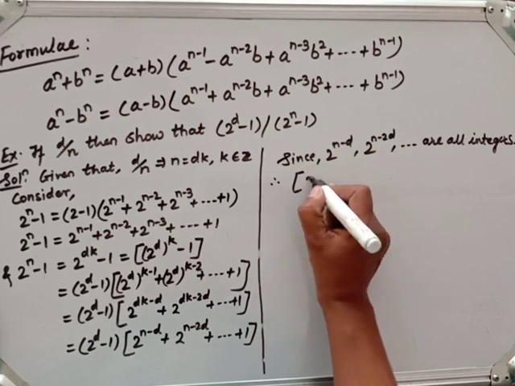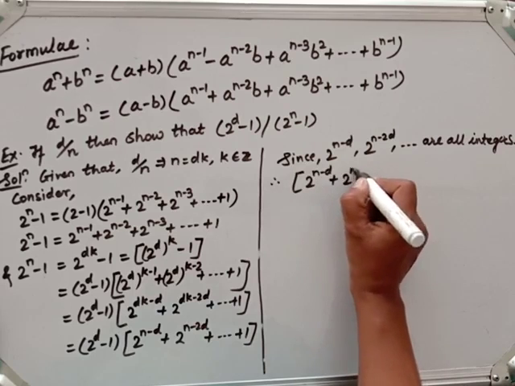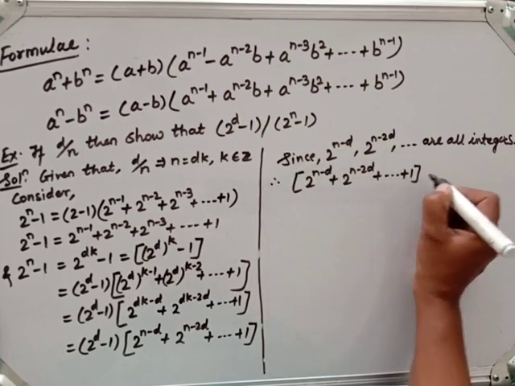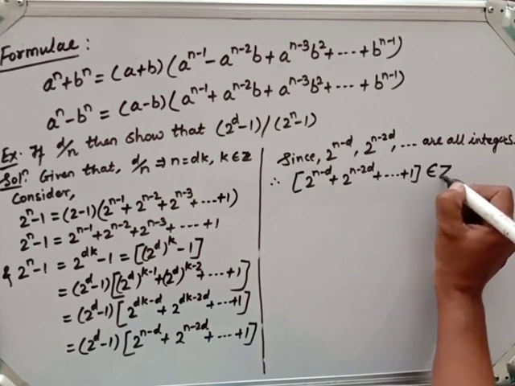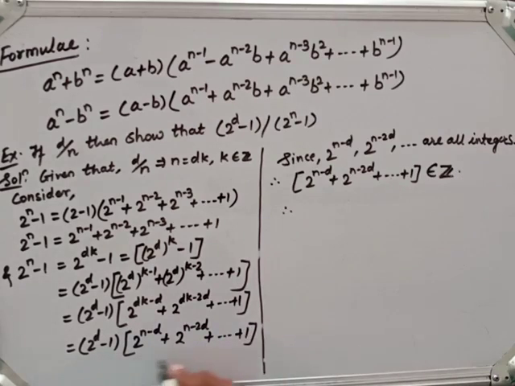Therefore this addition of integers is also an integer, n minus 2d, and so on up to 1. This is also an integer, belongs to Z. Therefore, look at this expression. What is the left hand side here? 2 raised to n minus 1.